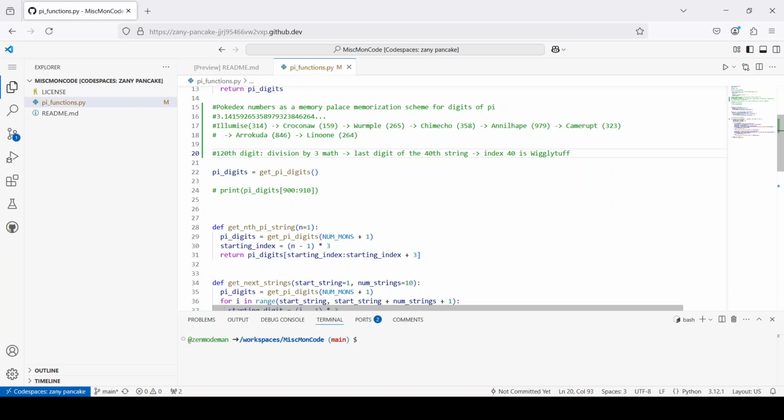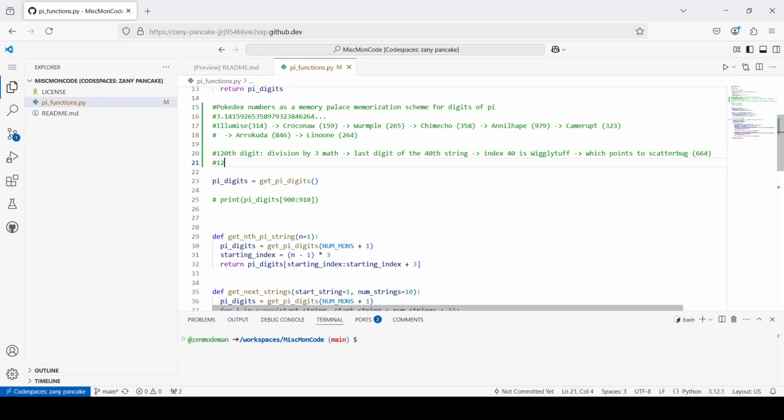Wigglytuff points to Scatterbug, and Scatterbug is 664. And that means the 120th digit is 4. Now we can check this a bit.